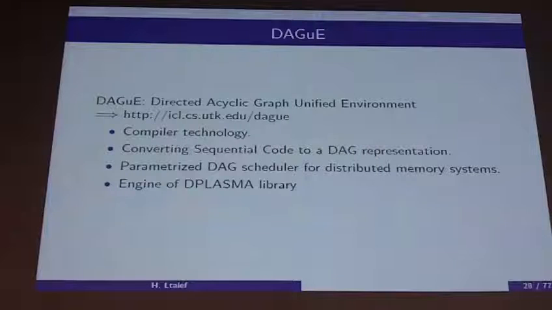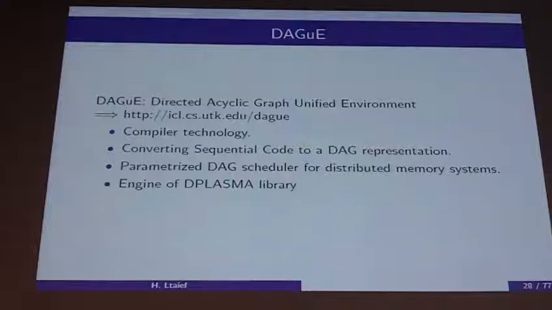Here, I just have 2 slides about this new framework implemented by the University of Tennessee people. It's called DAGuE. This is really a DAG engine. So it's a compiler technology, and this really focuses on distributed memory systems.